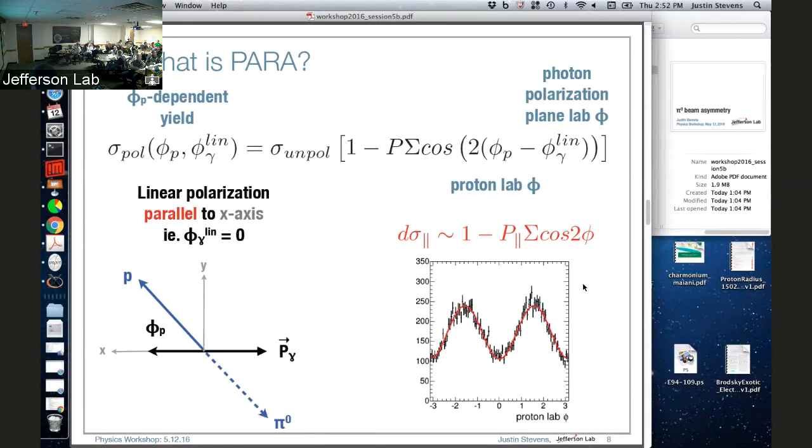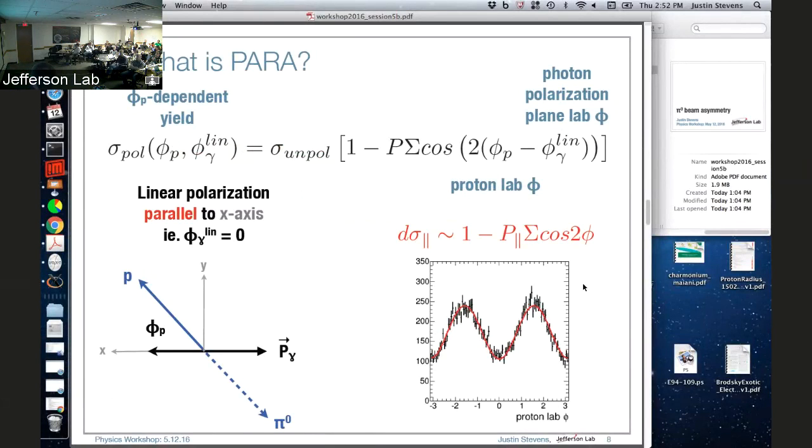When the linear polarization vector is parallel to the floor, the angle for this photon polarization plane is 0, and so the modulation in cosine 2 phi is really just the lab angle phi. That's this angle for the proton and pi0 that define a production plane, and it's really just the lab angle phi that gives you your modulation.